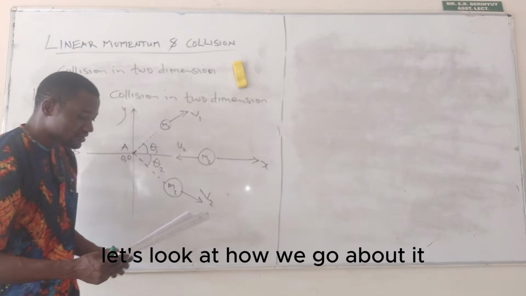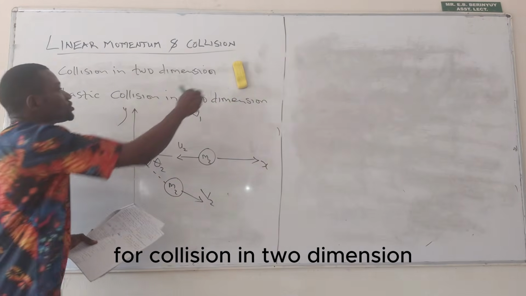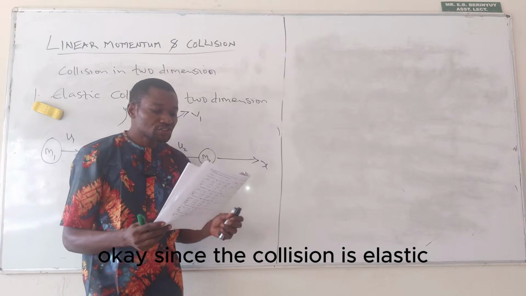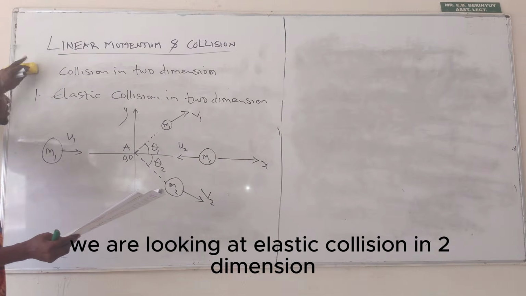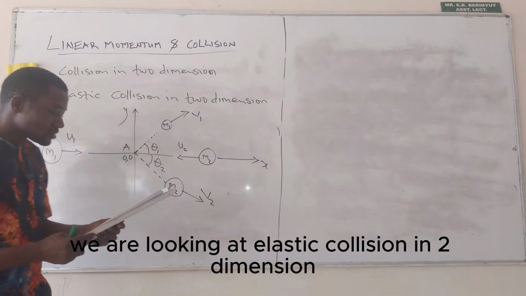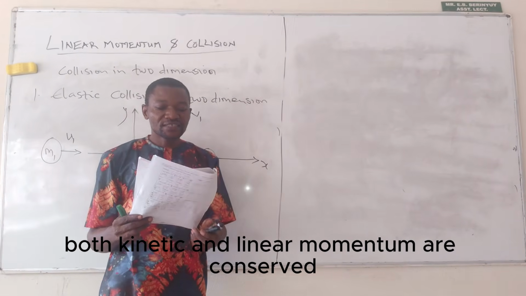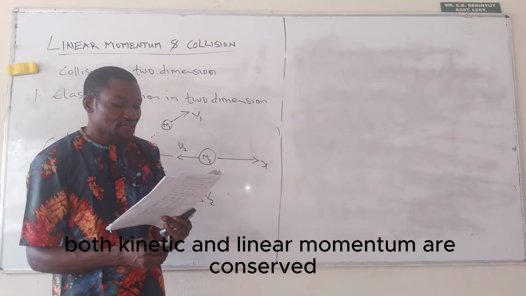Okay, so let's look at how we go about collision in two dimensions. Since the collision is elastic, remember we are looking at elastic collision in two dimensions, both kinetic energy and linear momentum are conserved.